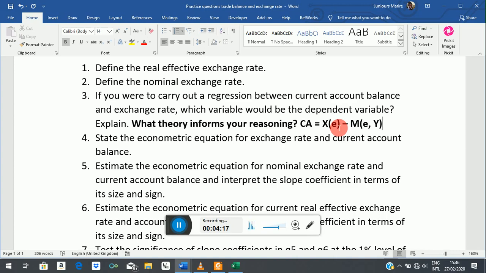So in this case, it is clear to me that the current account balance depends on the behavior of the exchange rate. Hence, in many countries where they use fixed exchange rates, you will find a lot of battles between the Minister of Finance or the Reserve Bank and exporters of goods, mining companies, growers of cash crops and so forth.